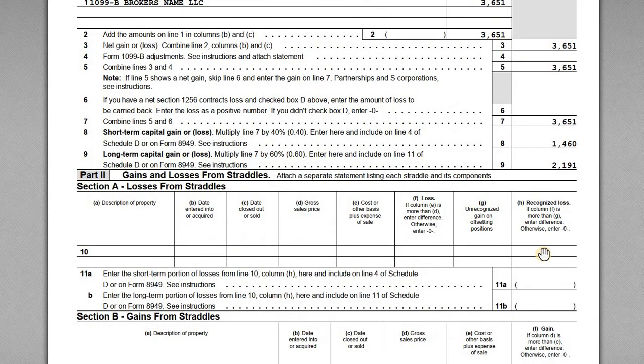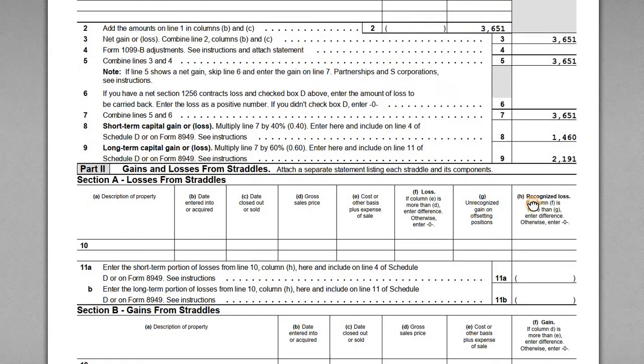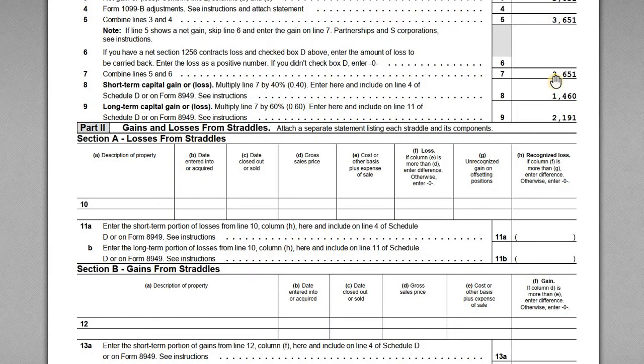Now, for lines 8 and 9, this is where we break out the amount between what is short-term and what is long-term gain. So again, this is one of the tax advantages of trading futures: even in cases where you've realized what is arguably a short-term holding period, or you're marking to market at the end of the year, you are allowed this breakout of 40-60.